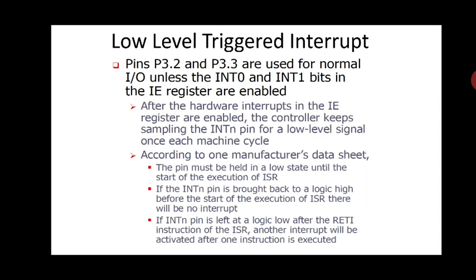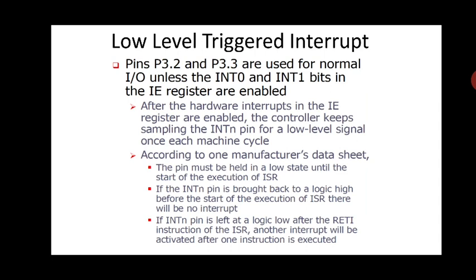We call it sampling, meaning that if the interrupt is enabled, the microcontroller will keep looking at the interrupt signal. According to the manufacturer data sheet, the pin must be held in a low state until the start of the execution of the ISR.